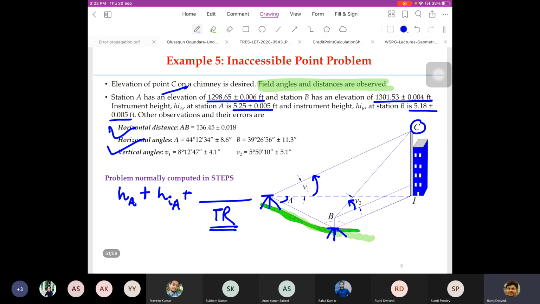That will help you reach the height of C. Similarly, the height of C from B would be the height of B first plus the height of instrument at B. I'm sorry, I have written A. Height of instrument at B plus the trigonometrical relationship which we established in the previous class.